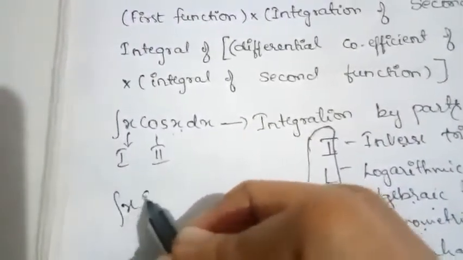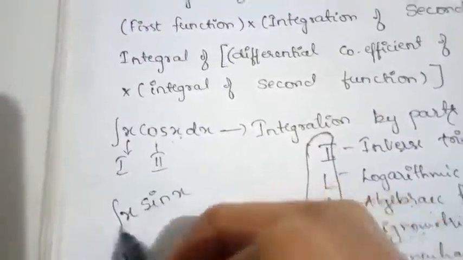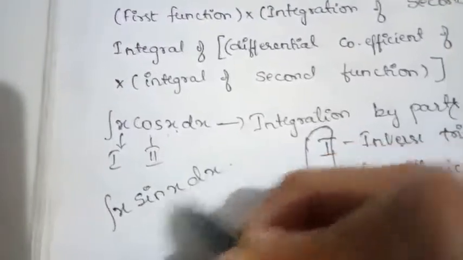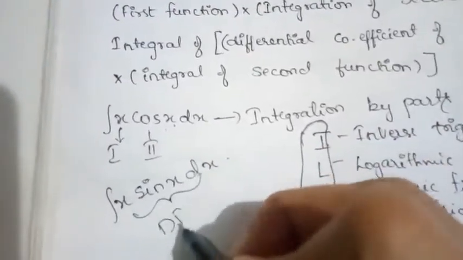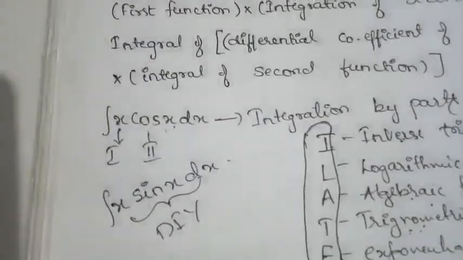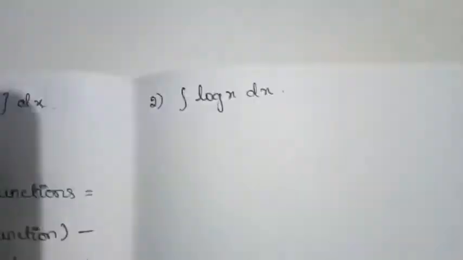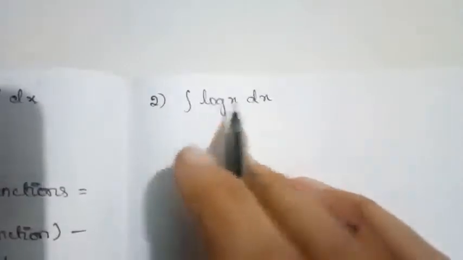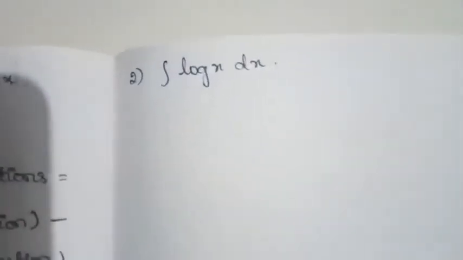You can try by yourself to get the integral of x sin x dx. You can try how you are going to get the answer for x sin x. Now suppose I ask you to get the integral of log x dx. Until now we didn't come across the integration of log x.